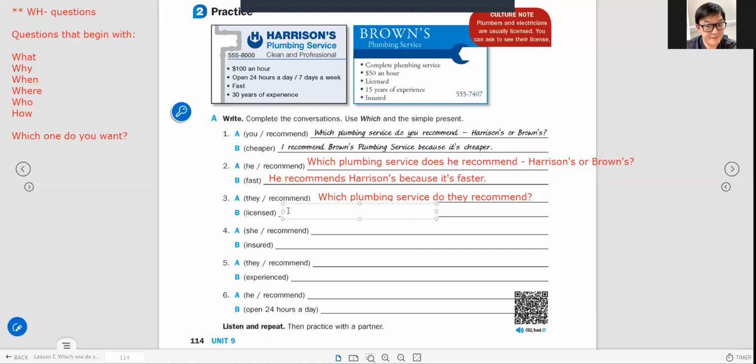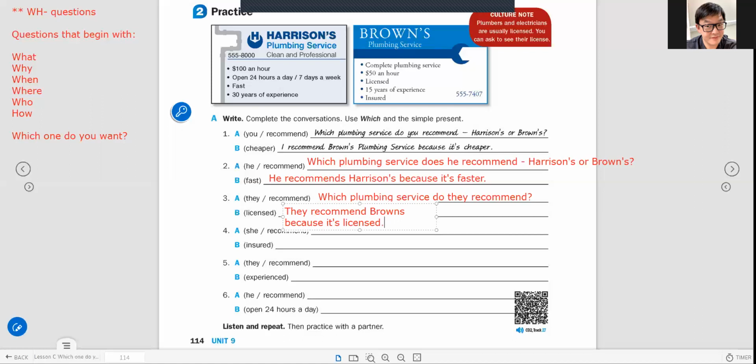Licensed, there's no comparative. There's no way you can compare. So let's do this. They recommend Brown's because it's licensed.